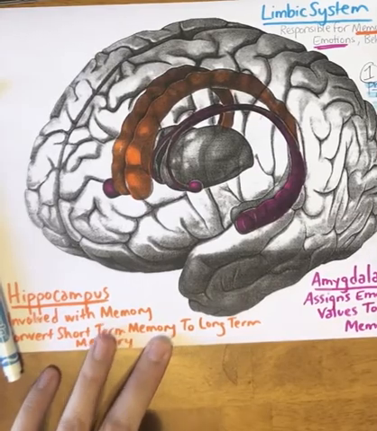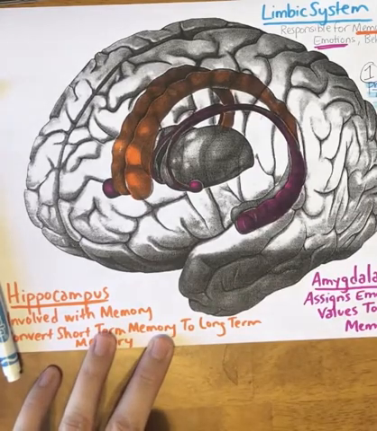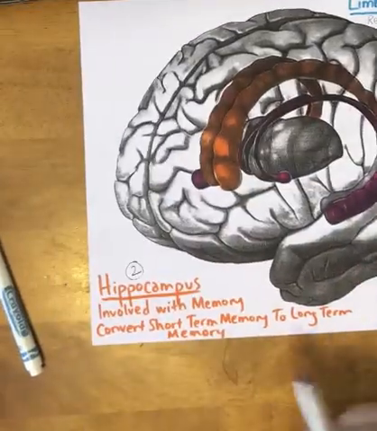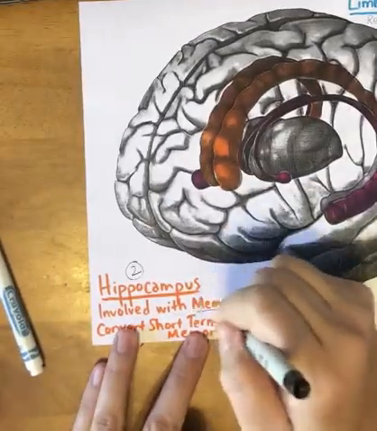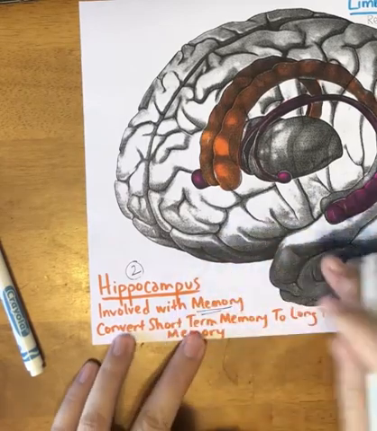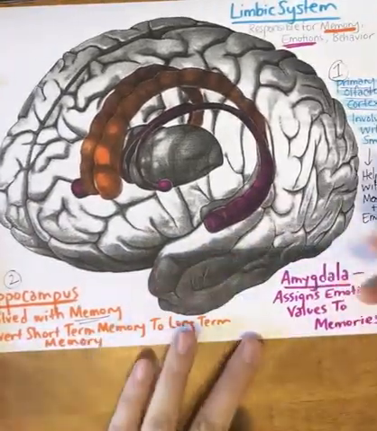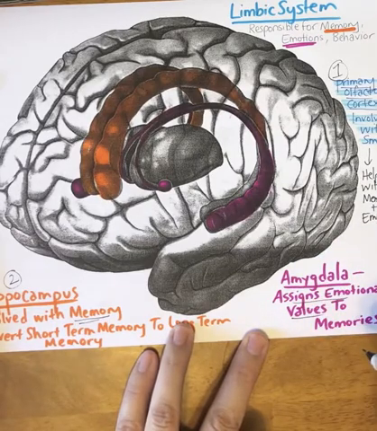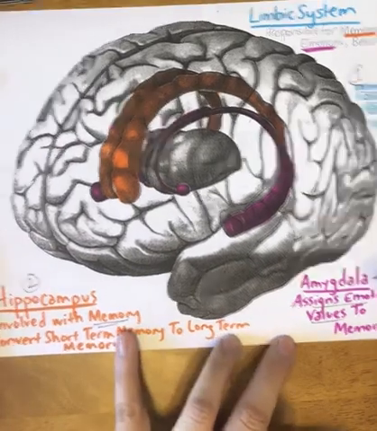You can actually smell something and get sad. So the second thing is your hippocampus. Your hippocampus is going to be involved with memory. It helps you convert short-term memory to long-term memory. And your amygdala is going to be involving assigning emotional values to memories. So that is the limbic system.